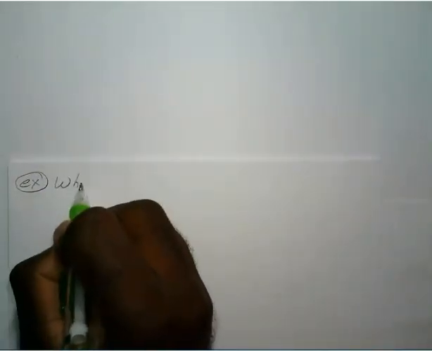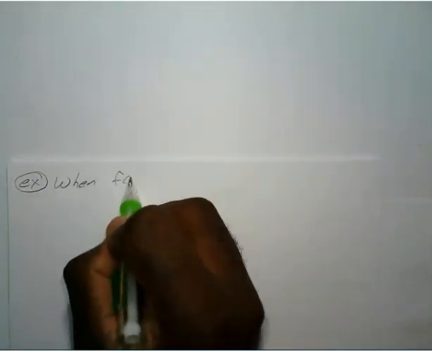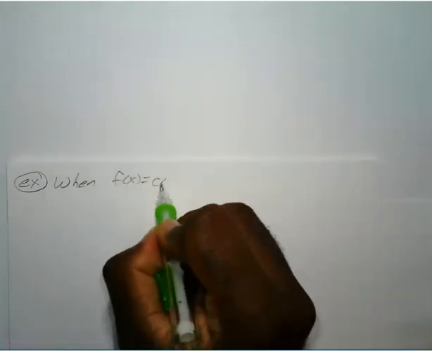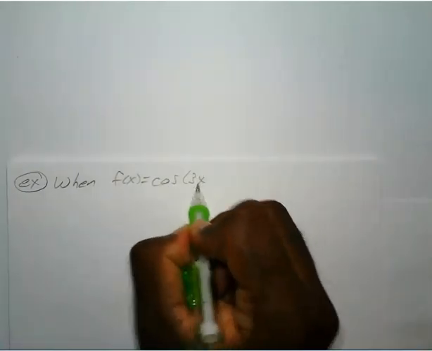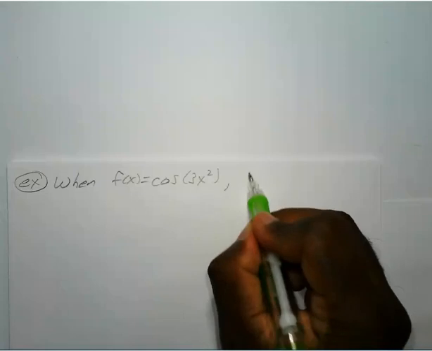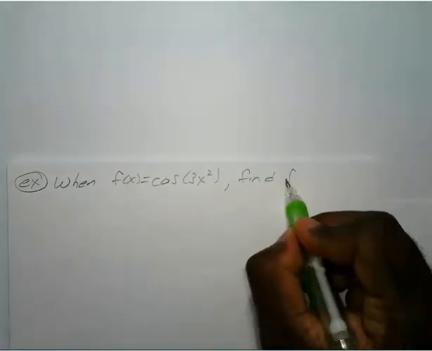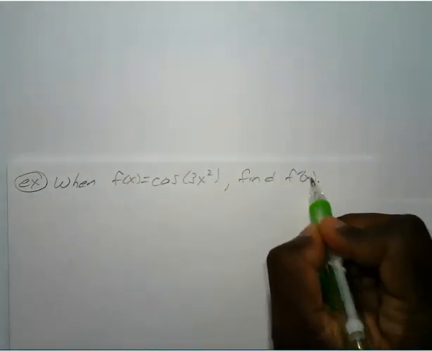Let's say, for example, f of x is equal to cosine of 3x squared. Find f prime of x.